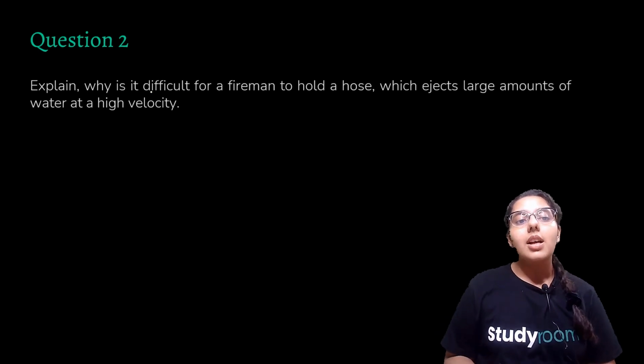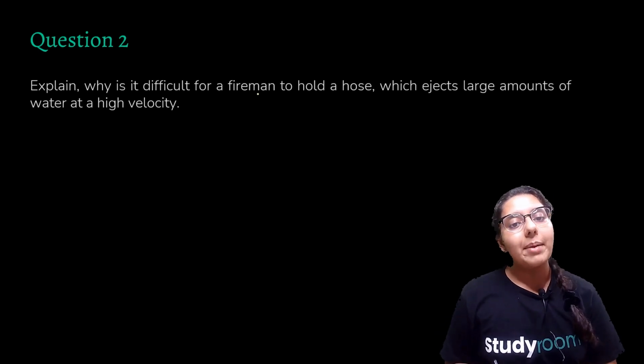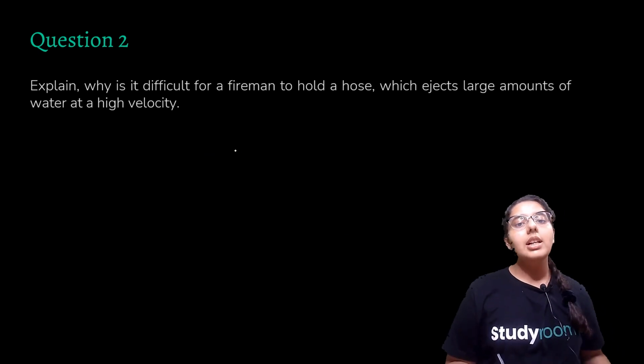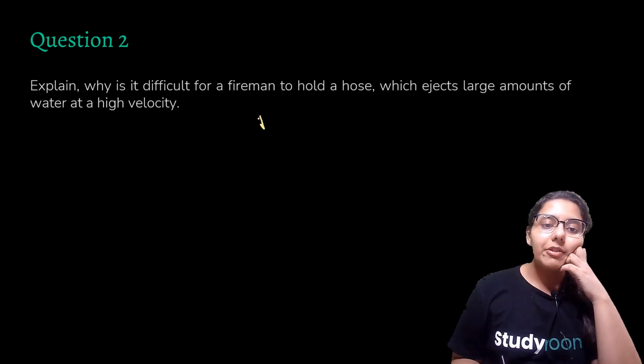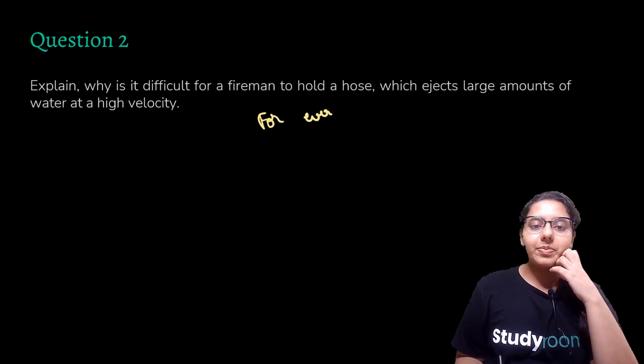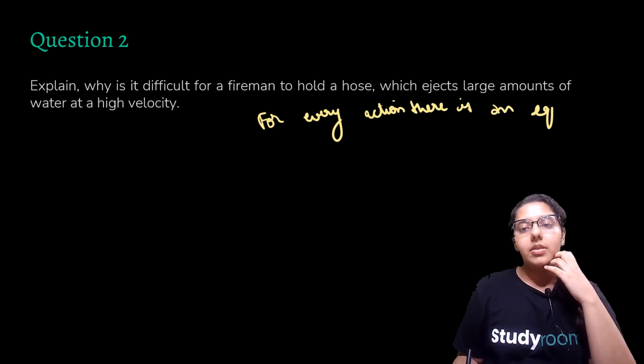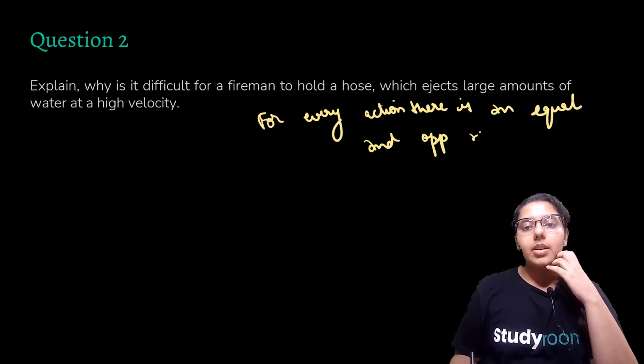Let's do this. Explain why it is difficult for a fireman to hold a hose which ejects large amounts of water with high velocity. Again, same principle. For every action there is an equal and opposite reaction.